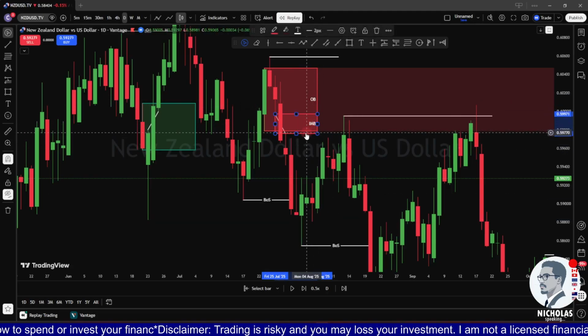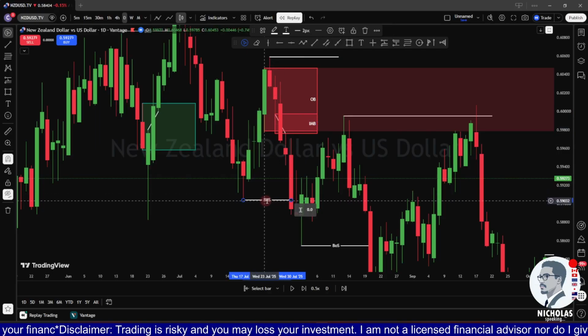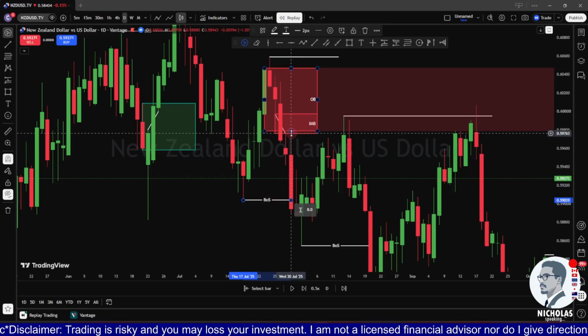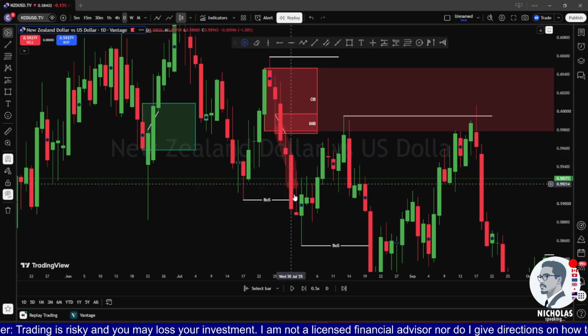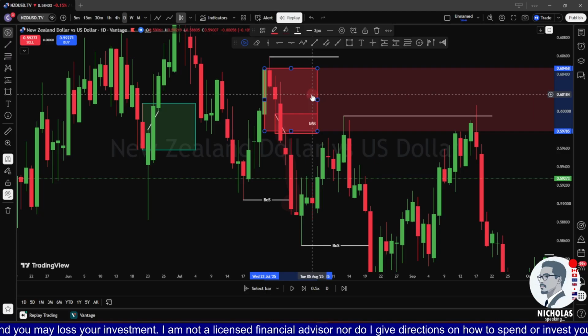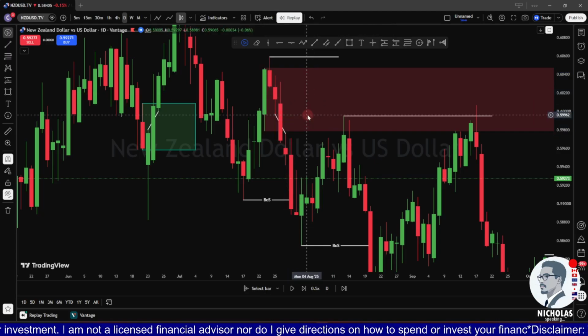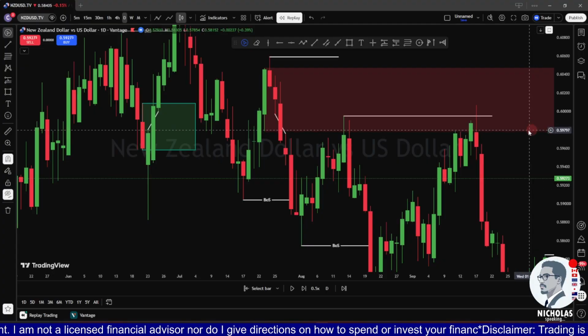After it leads to an imbalance, this situation later ended up becoming a break of structure. So it led us to a break of structure to the downside, automatically promoting this order block to a supply zone. So what are we waiting for when we have this situation?